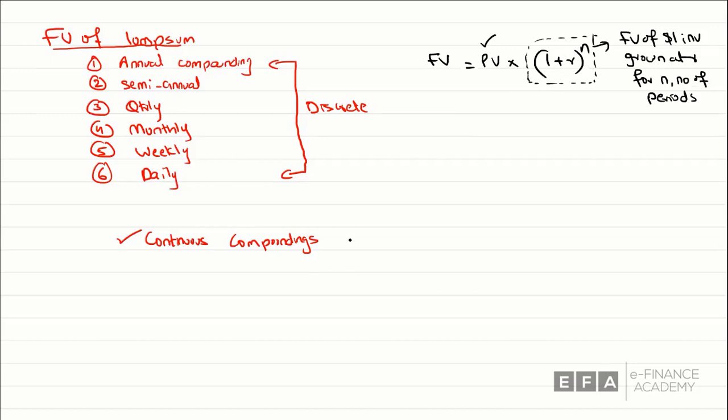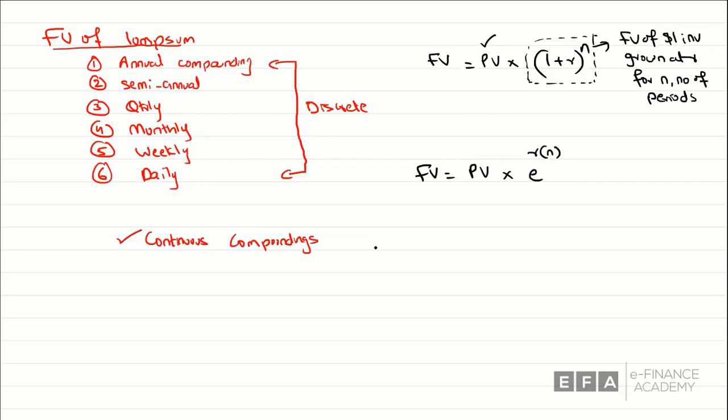When it comes to continuous compounding, here's what we do. We use this particular formula, which is simply future value equals present value times the exponential function e to the power of r multiplied by n. Before I talk about what result this would actually give to you, let's first understand what R is in this case.